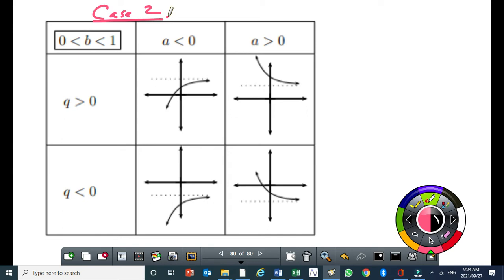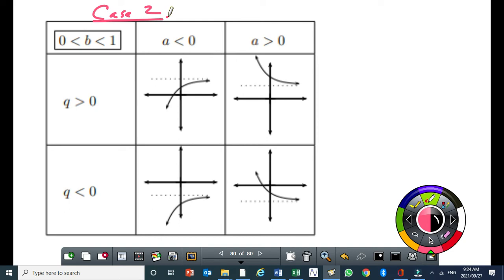And then when Q is greater than 0, obviously the asymptote is going to be above the curve. So it will look like that to be an increasing function, but the asymptote is going to be above that curve. Alright? Then when A is positive, now we have a decreasing function. This is being caused by the value of B. So we have a decreasing function here.